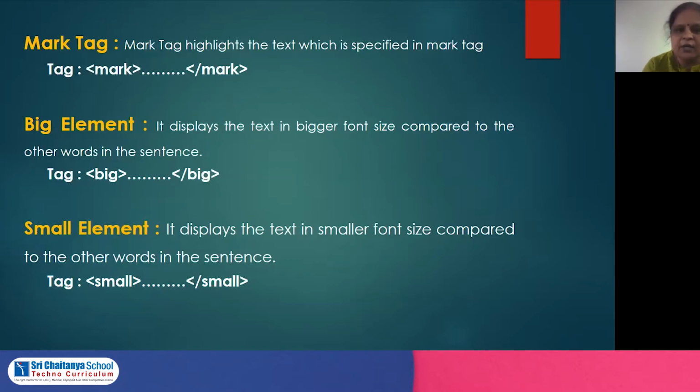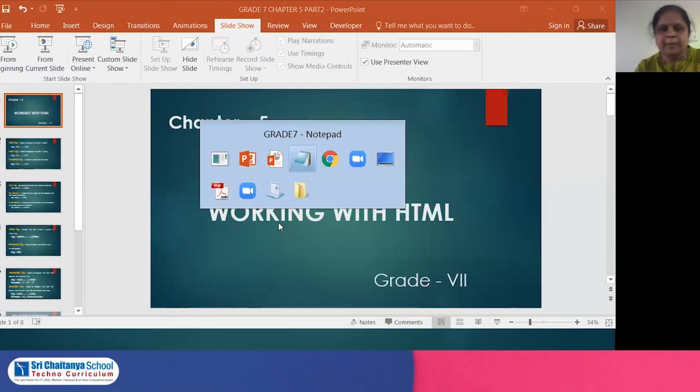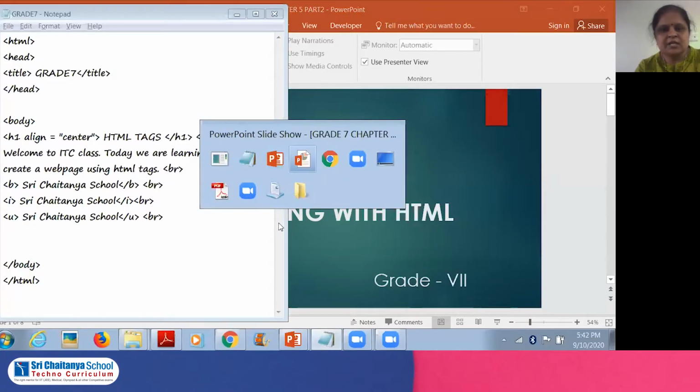So I can use the big command, and only that word will be bigger than the normal text of that sentence. Then small. So only the selected word will be smaller than the sentence whatever we have written. Let us see how exactly it works. All these tags also we shall practice and see.